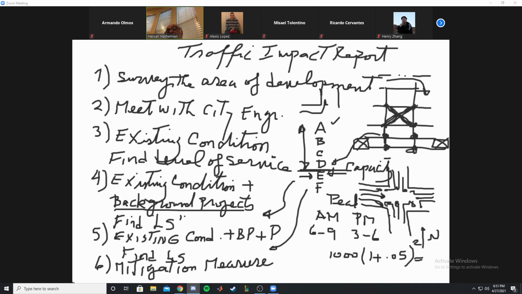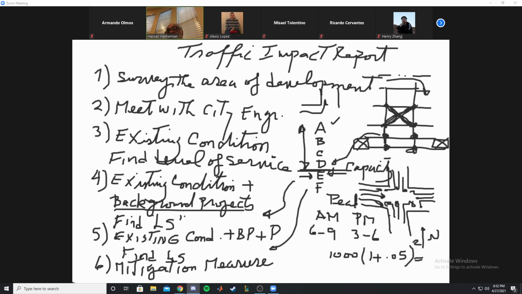Because if you do any type of construction, like widening the road, widening the bridge, those are very costly. And since the developer has to pay for most of it, they will fire you. They get another consultant that can write a better traffic impact report, so that they don't have that much of a cost.